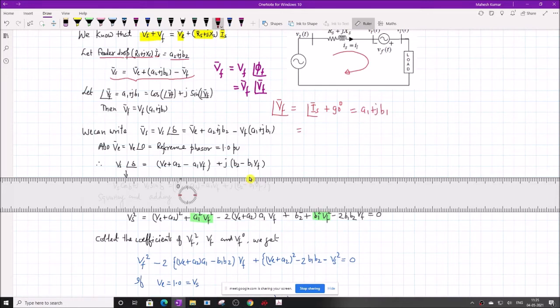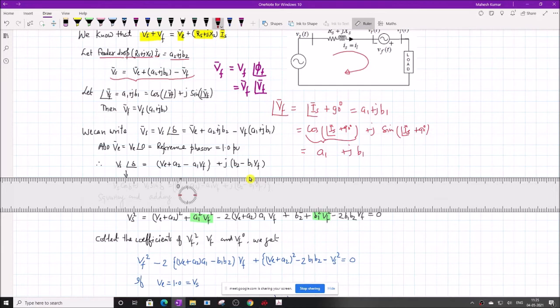Obviously, this is nothing but cosine of angle of Is plus 90 degrees, plus j sine of angle of Is plus 90 degrees. That means that this is A1 and this is B1.